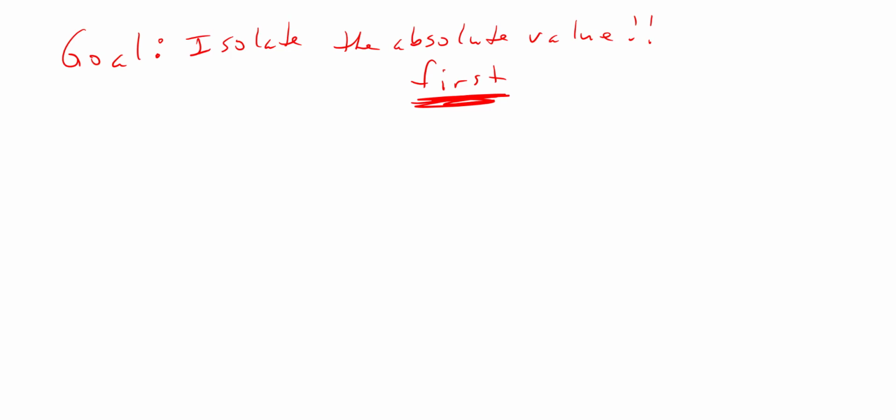All right, so here is a nice little friendly example. So 2 times the absolute value of x equals 8. Well, here's the deal, math fans. When I say to isolate the absolute value, that means I want this to be all by itself. This is like saying 2x equals 8.